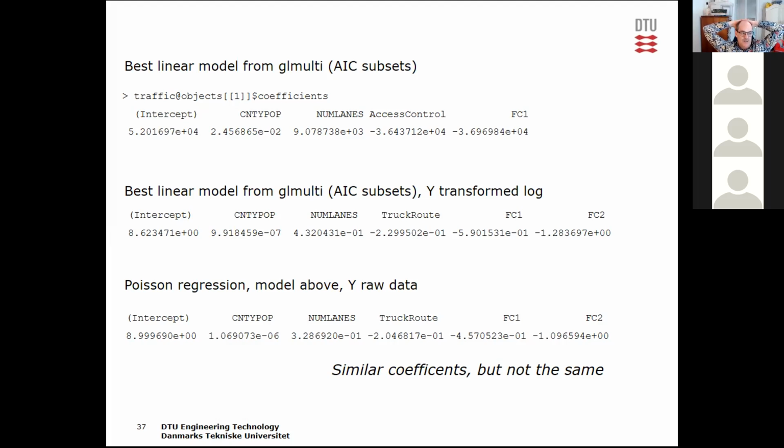The first one is from 4 weeks ago, our linear regression. Then I do it again, this time with the AIC subsets, but this time I transform the Y data with a log function, and that's the formula I get right there.